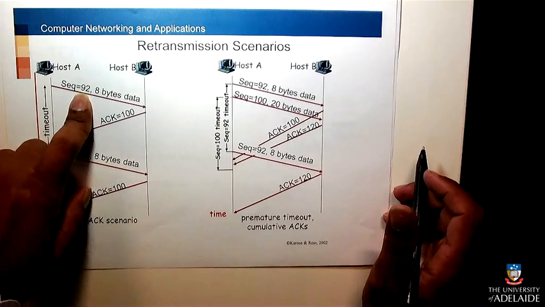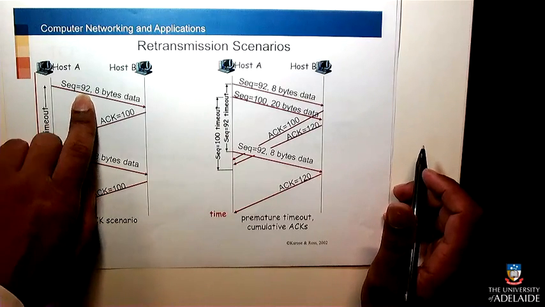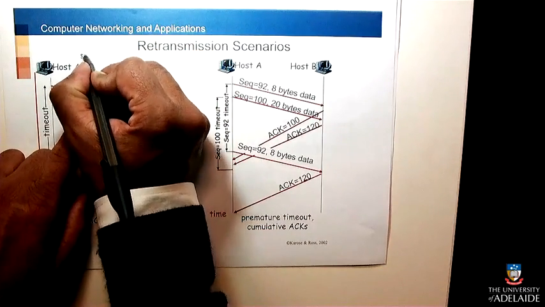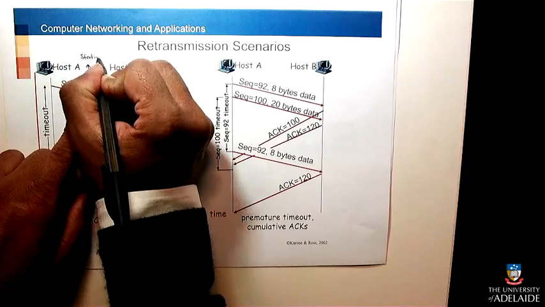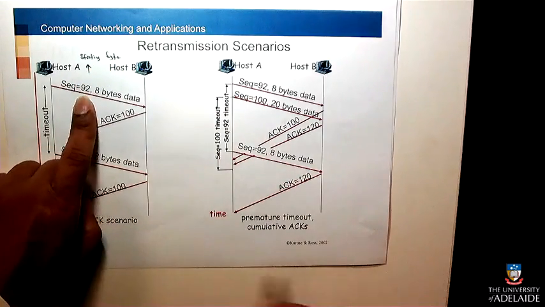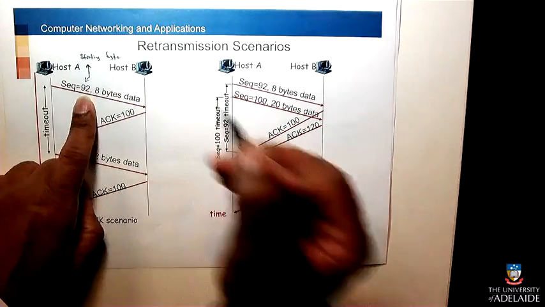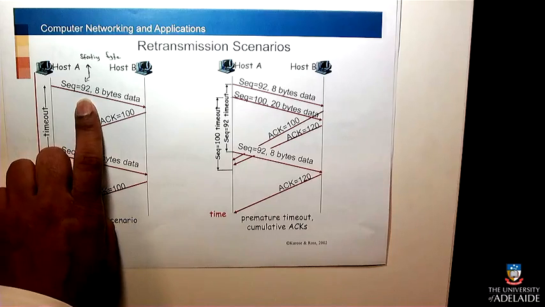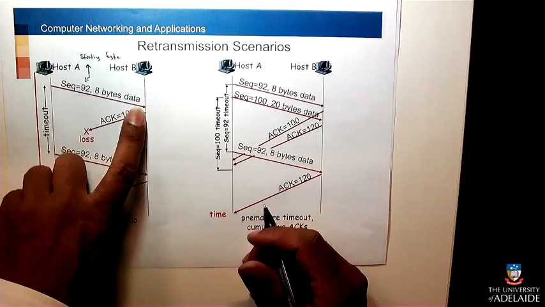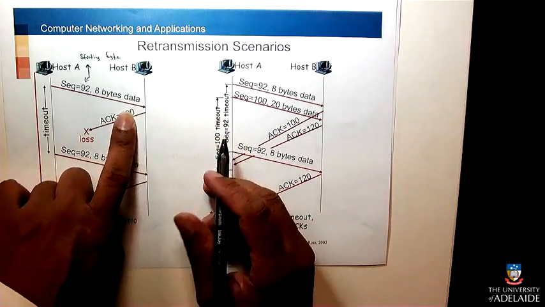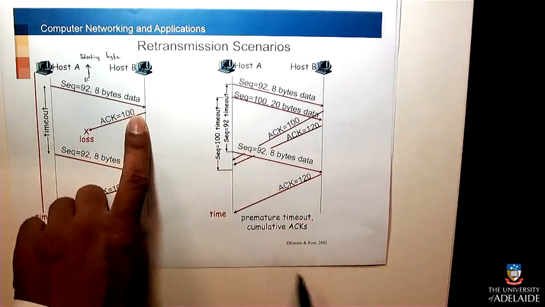That's the starting byte for this packet in this byte stream, and you're sending 8 bytes of data. So it's 92, 93, 94, 95, up to 99.